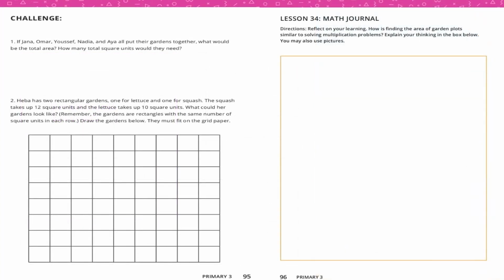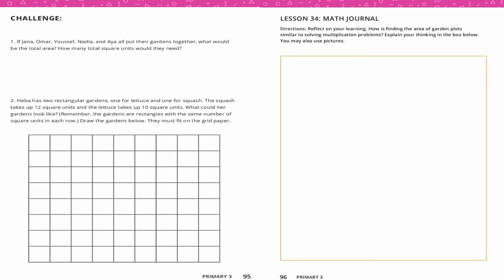Let's go to our challenging part. Number 1, if Jana, Omar, Yusuf, Nadia, and Aya all put their gardens together, what would be the total area? How many total square units would they need? The total area can be calculated if we add all previous areas.